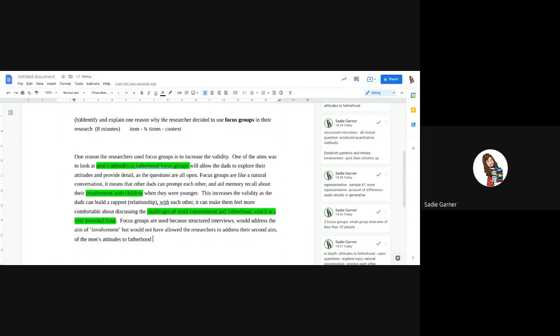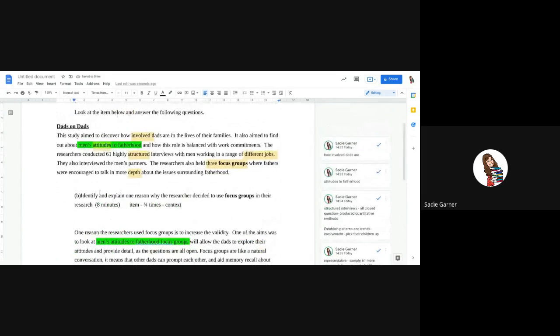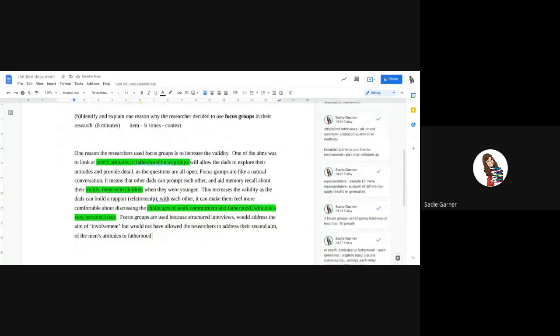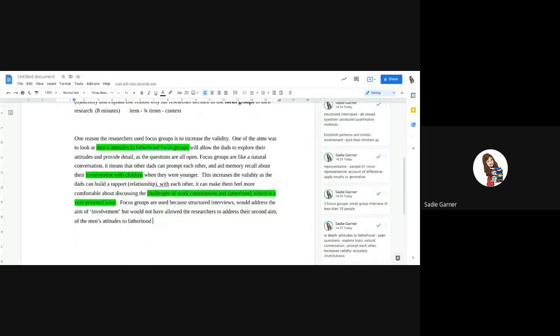It wouldn't have allowed them to look at their second aim of the men's attitudes to fatherhood, because closed questions mean they have to approximate.